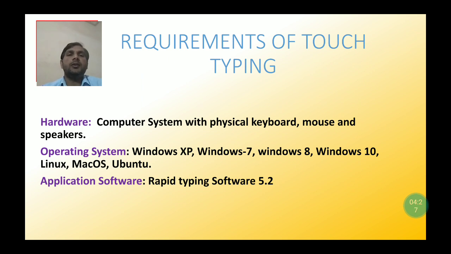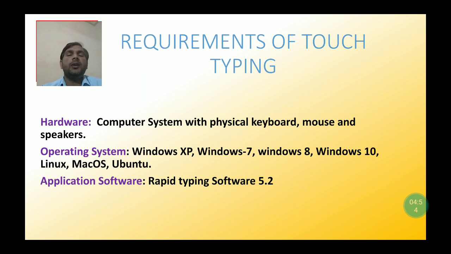Next, the operating system requirement. Any operating system can be used, for example Windows XP, Windows 7, Windows 8, Windows 10, and even Linux, Mac OS and Ubuntu can be used for installing this software.